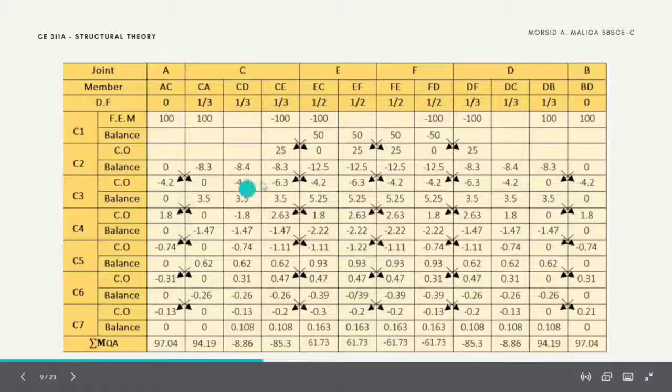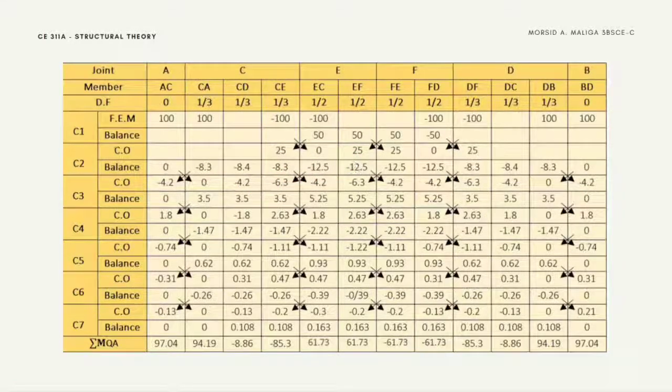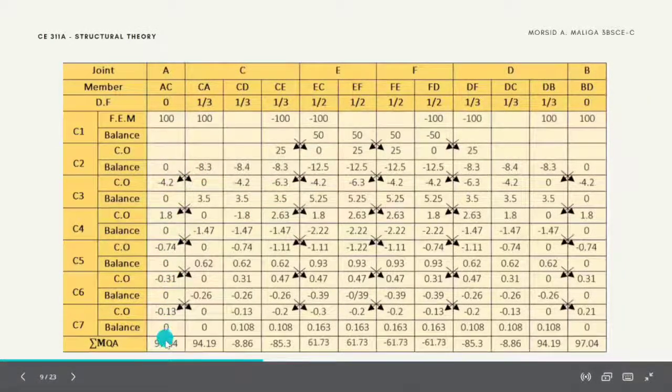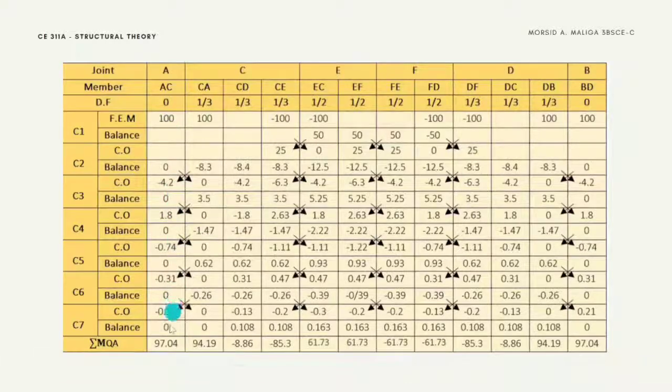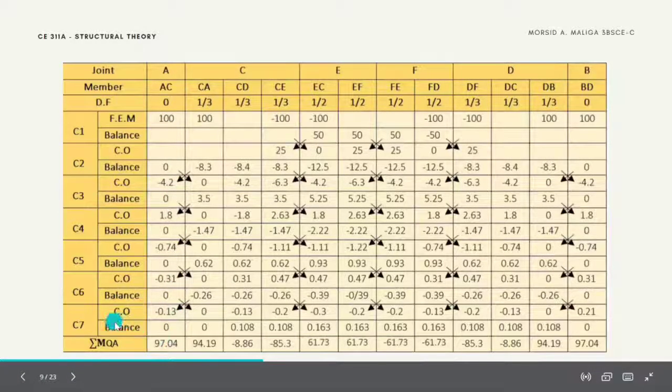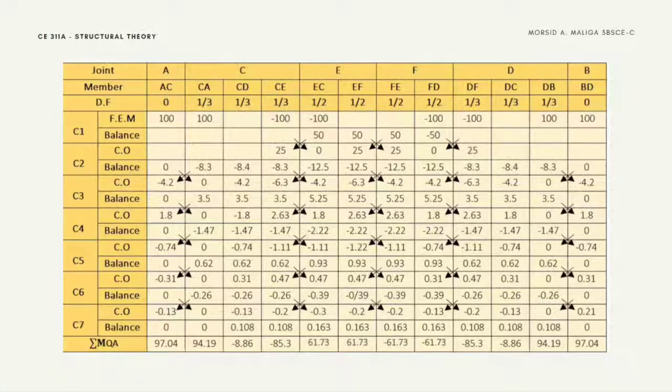So, after solving it or tabulating it, yung determining the values in our table, ang kukunin natin is the summation of these values of each member. So for our member AC, we have 97.304 for moment QA.